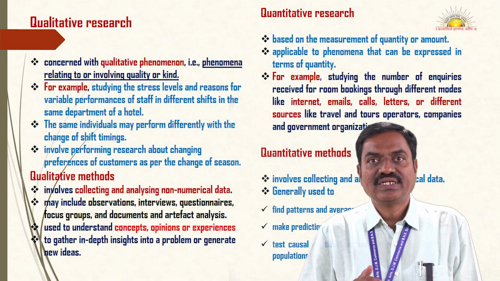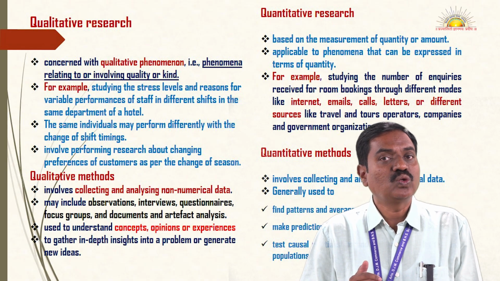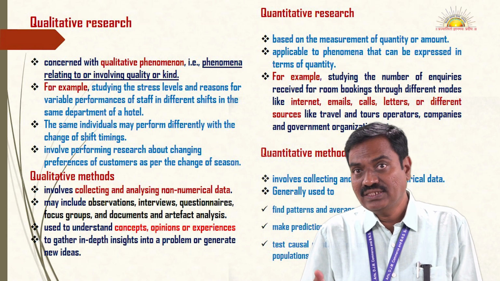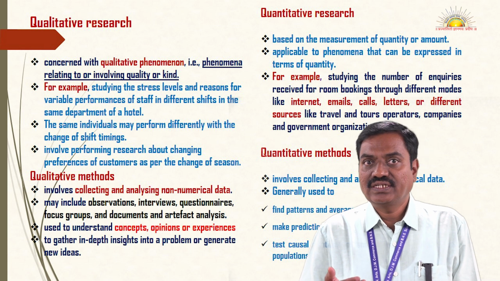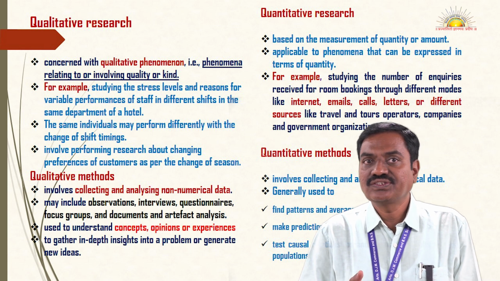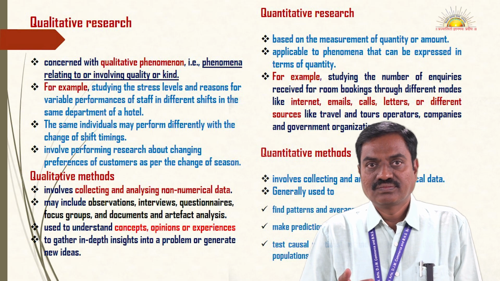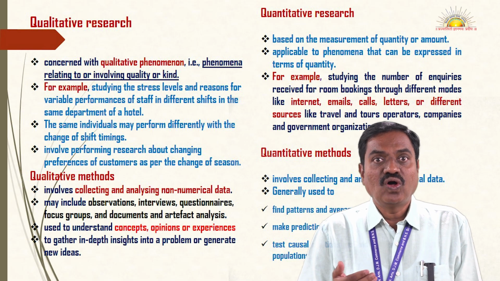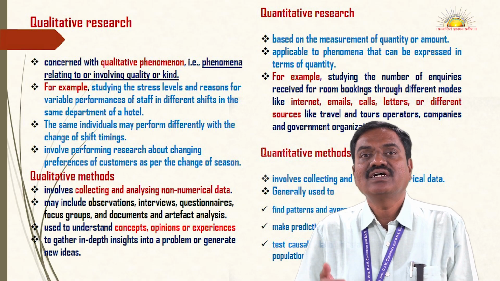For example, studying the number of inquiries received for room bookings through different modes like internet, emails, calls, letters, or different sources like travel and tours operators, companies, and government organizations, etc. Quantitative methods involve collecting and analyzing numerical data.